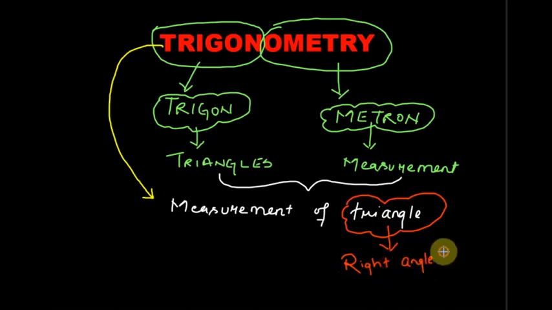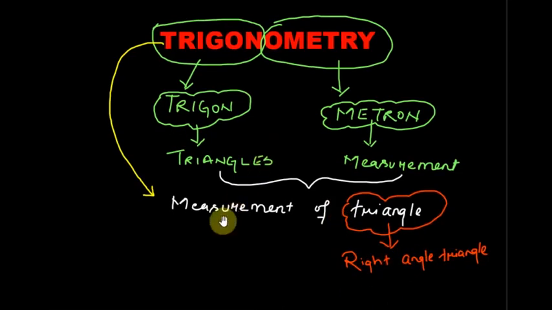What I'm trying to say is that under trigonometry we will measure mostly right angle triangles. It's not that trigonometry cannot be applied to other types of triangles, but as per our syllabus, in most cases trigonometry is applied only on right angle triangles. So you need to remember this. Trigonometry is measurement of triangles, but we are going to focus mostly on the right angle triangle.